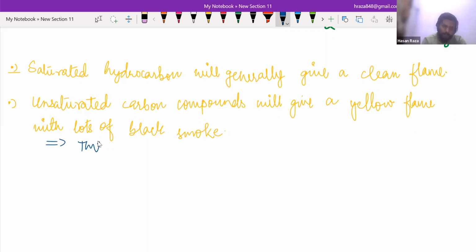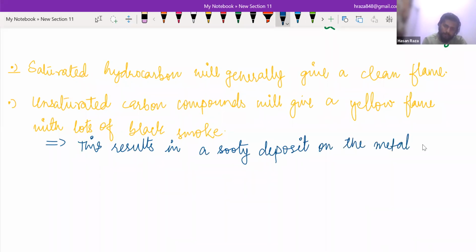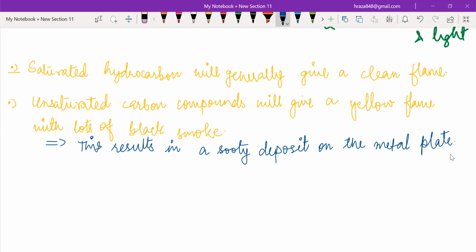And there is another point about this. This results in a sooty deposit on the metal plate. If you burn an unsaturated hydrocarbon to cook food, there will be a sooty deposit on the metal plate, a black layer.